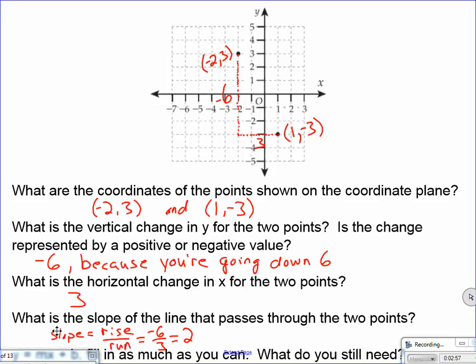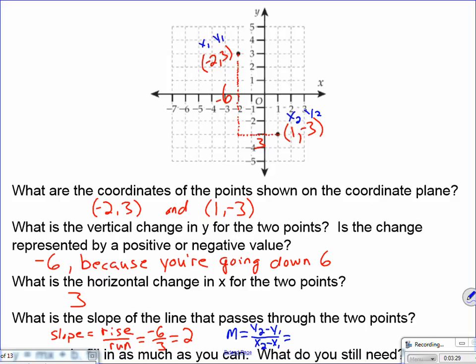Now the other way that we can get slope is by using our 2 points. So what I'm going to do is call this first point x1 and y1. And this point we're going to call x2 and y2, the -3 being y2. So the other way to get slope, remember slope is our m, is to take y2 minus y1 and divide that by x2 minus x1.